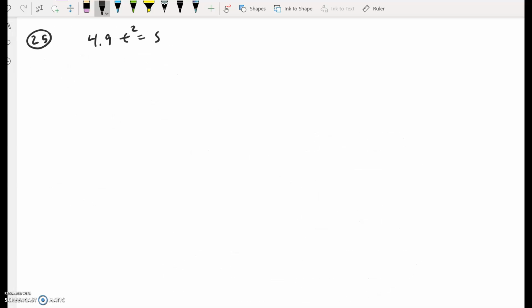In problem 25, we're given a word problem and we're given a formula to use. And in this formula, t stands for time, and that time is measured in seconds. And s stands for distance, and that distance is measured in meters.